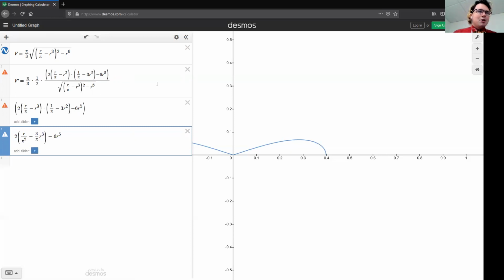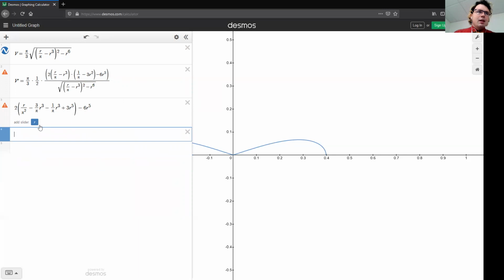My inner 2 terms, I've got negative 1 over pi is my coefficient, r to the power 3. And then my last 2 terms, I've got plus 3 r to the power 5. Okay, that's looking all right. But then I need to multiply everything by 2.